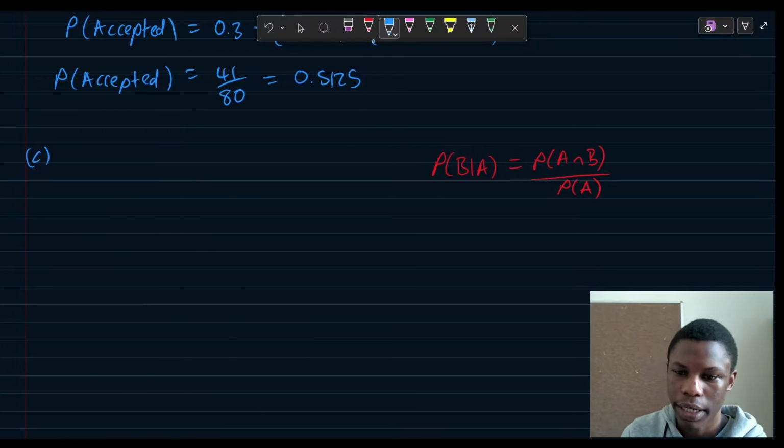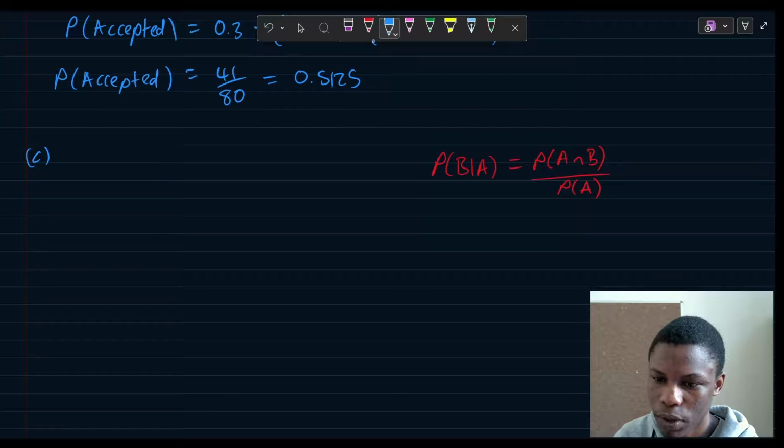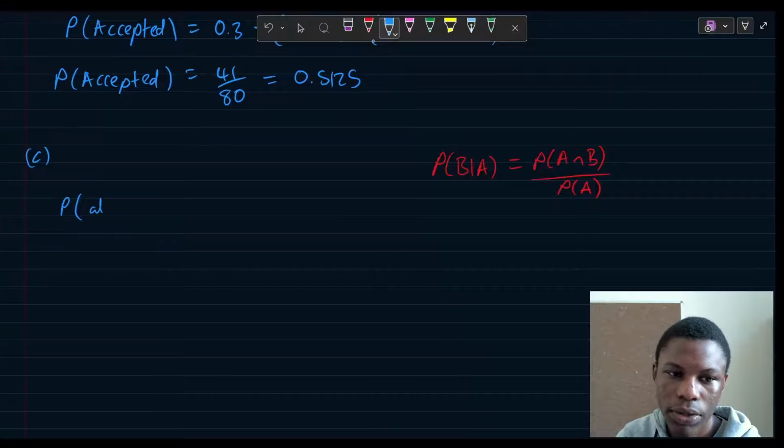In our case, we are saying find the probability that a randomly chosen student who applies to Drydale College takes at least 2 tests, given the student is accepted.